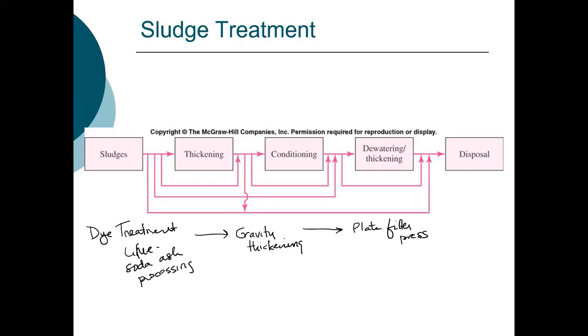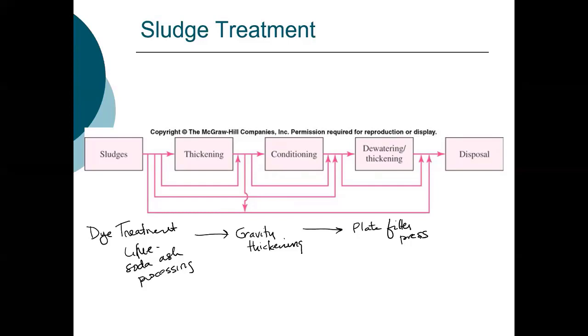So we'll look at how some of these processes are used, but thickening, basically we're doing an initial attempt at removing some of that water. It helps equalize the flow for subsequent devices. It also allows for the subsequent devices to be sized much smaller. Conditioning, where they're typically adding chemicals, it can also be adding heat.